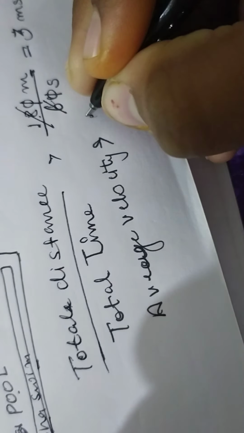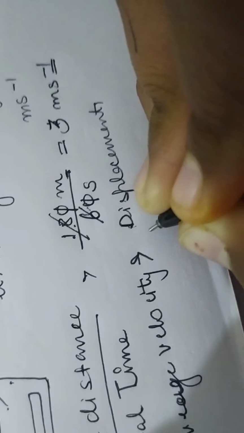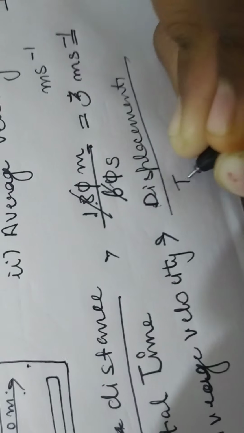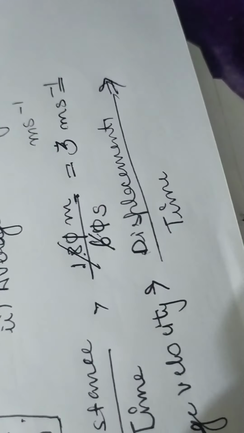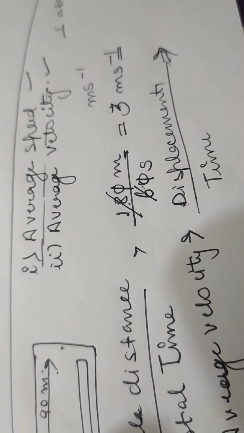And the formula of average velocity is displacement upon time, and displacement upon time. So as we all know, बच्चा लोगों देखो इधर, this is a very important question.